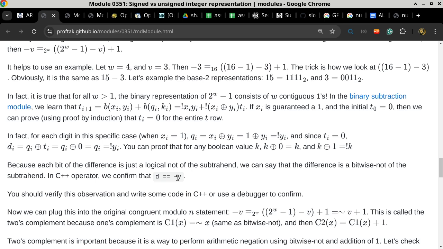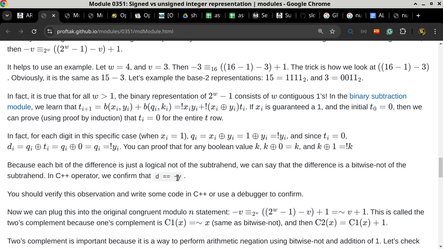For every bit position, if it was a 1, it turns into a 0. If it was a 0, it turns into a 1. So are we okay so far with what is one's complement? If it is one's complement, that means the arithmetic negation of v is no more than just the bitwise not of v as a bit pattern plus 1, because this whole parenthesized expression turns into bitwise not of the bit pattern.